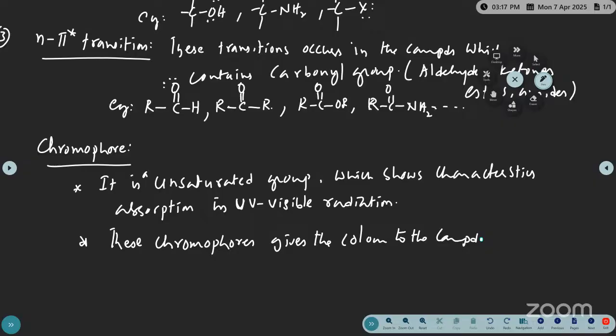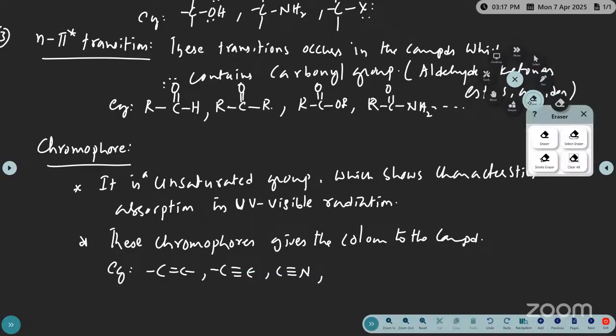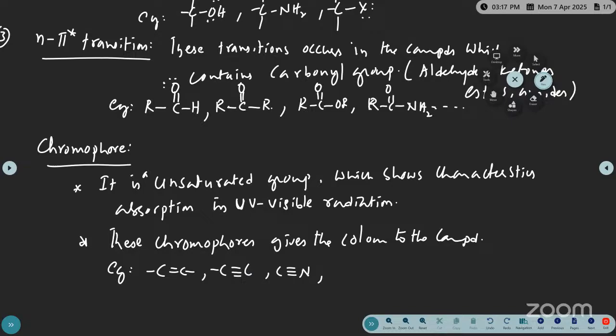So what do chromophores give? Color. Examples: C double bond C and C triple bond C. So these are all chromophores. Similarly C triple bond N. Okay, so these are all chromophores. C double bond C. Okay, these are all the chromophores.